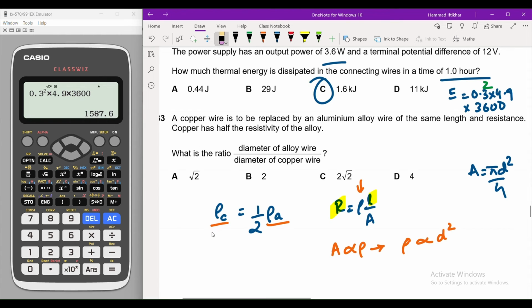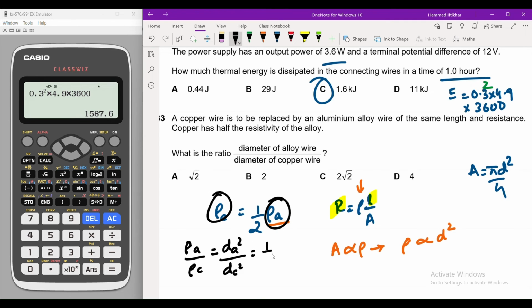Okay, so if I have rho c over rho a, that will be the ratio of d squared of alloy over d squared of copper. So if rho c over rho a was 1 over 2, the diameters share the same relationship.